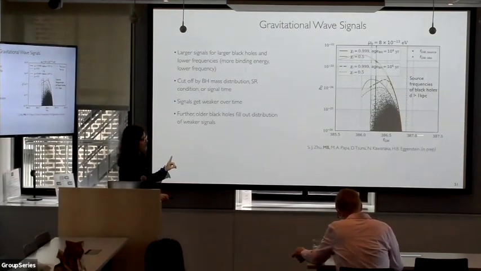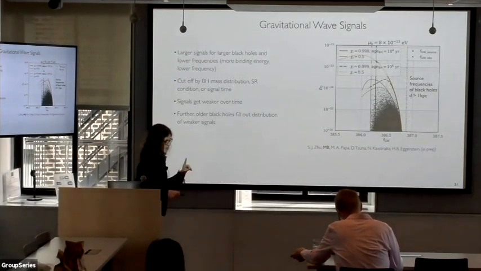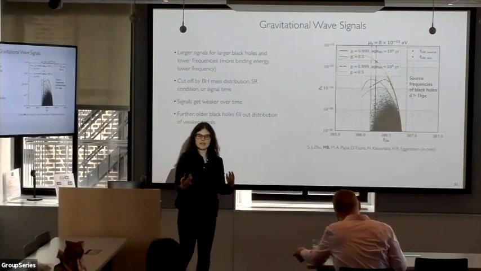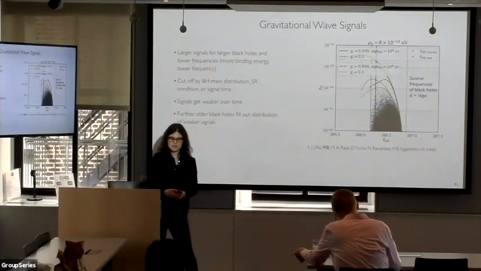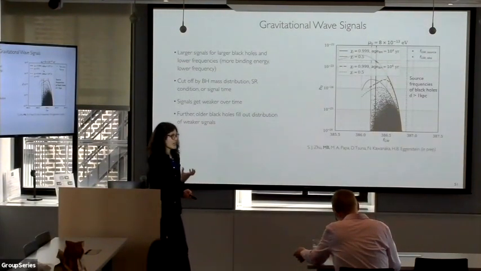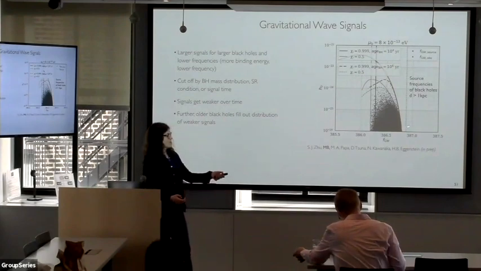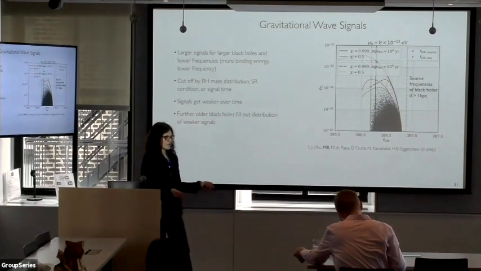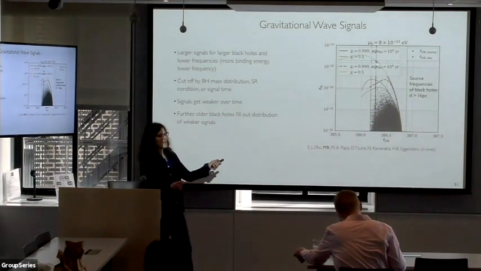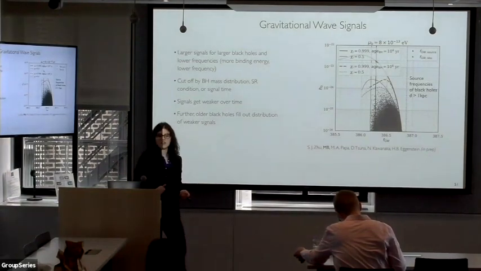The reason why it's smaller than twice the axion mass is because of the binding energy of the cloud to the black hole. That creates a negative binding energy, which shifts the frequency to a lower value. And that shift depends on the mass of the black hole itself. So the heavier the black hole, the lower the frequency, but the bigger the strain, because this alpha parameter increases.